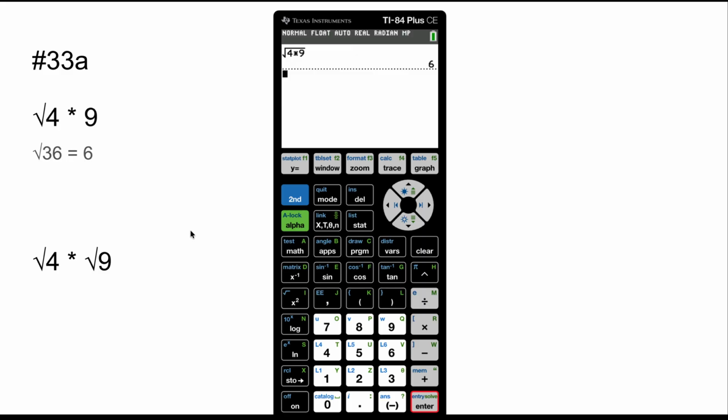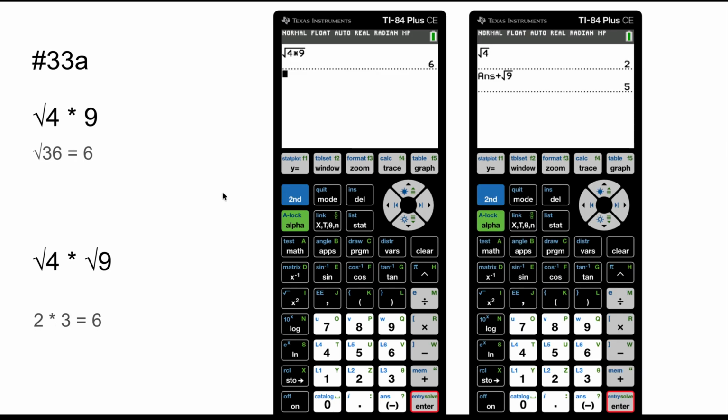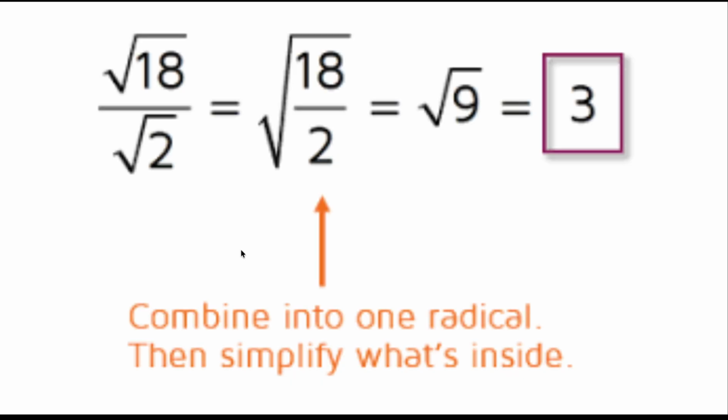Now if we do it separately, the square root of 4, which is 2, and the square root of 9, which is 3. 2 times 3 equals 6. And here it is in the calculator written out separately. If we find the square root of 4, hit enter, then say, oops, this says plus, it should say times the square root of 9, it gives us 6.